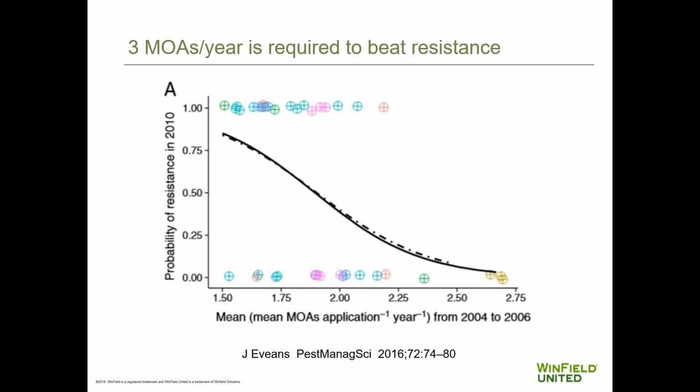So in some of our fields, unfortunately, we've limited ourselves significantly by developing resistance to the various chemistries that we're putting out there. But what this indicates is that if you're using 3 effective modes of action, the probability of seeing resistance goes down significantly.